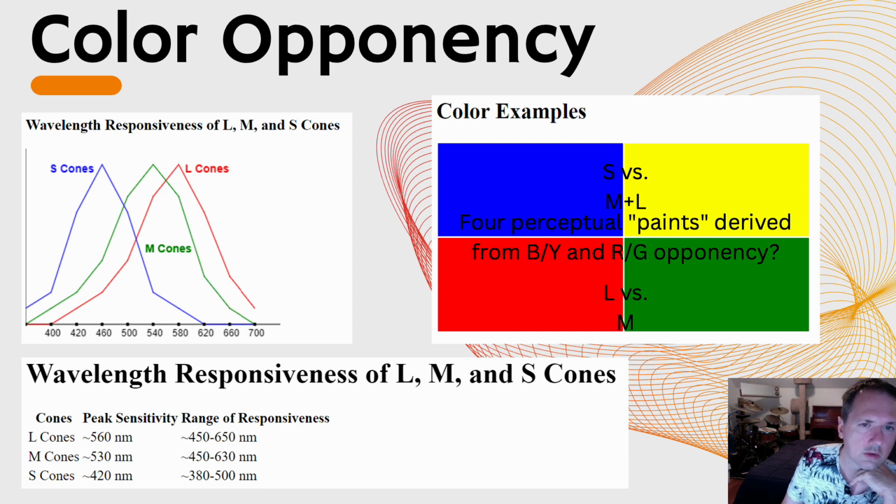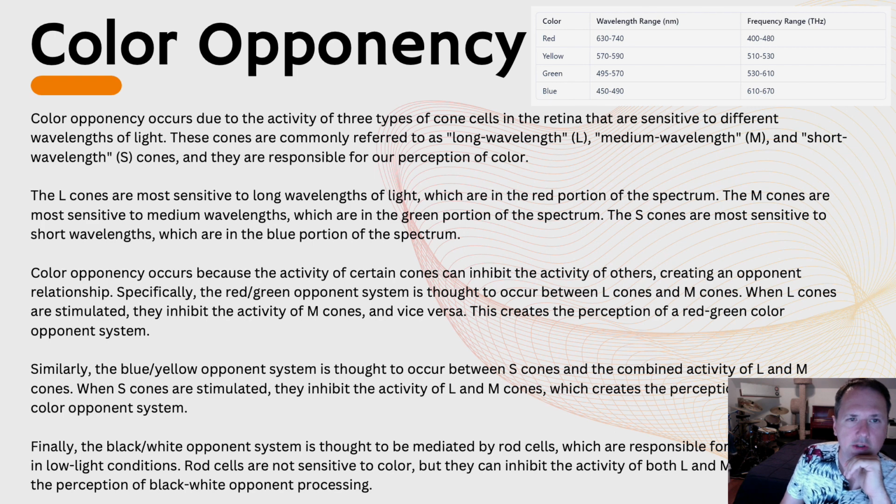So the short cones contrasted with the summation of medium and long cones gives you blue versus yellow. And the long cones contrasted against the medium cones gives you red versus green. And there's also light intensity, so light versus dark, which I think uses the rods and some combination of cones.